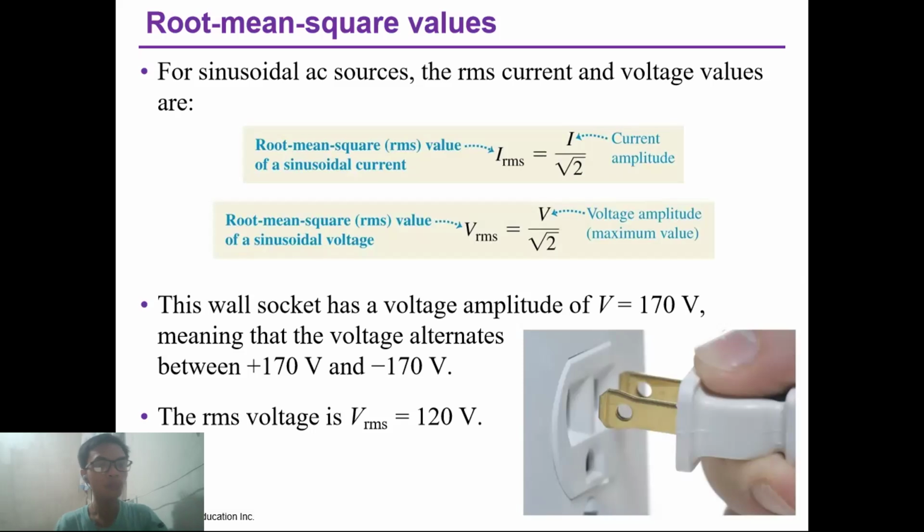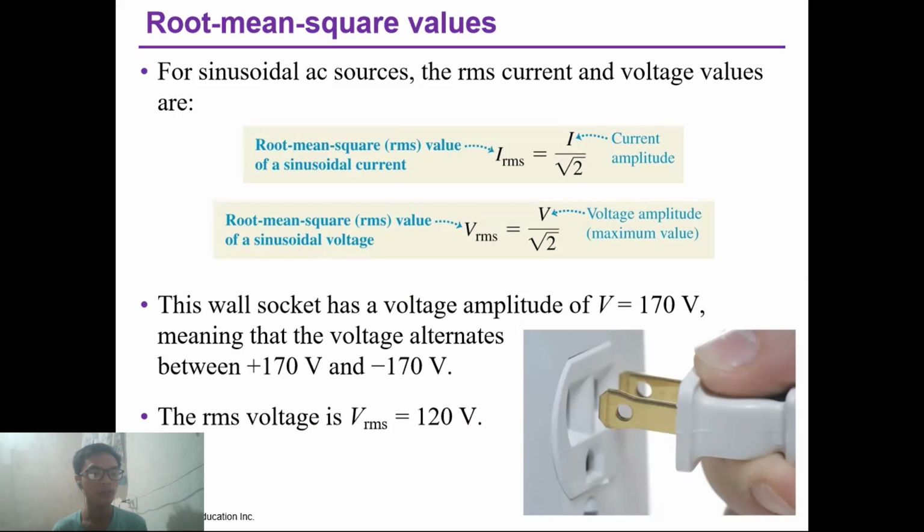So we will now move on to the root mean square values for sinusoidal AC sources. In here, the RMS current is I RMS, which refers to the root mean square value of a sinusoidal current, equal to the current divided by the square root of 2, in which I refers to the current amplitude.